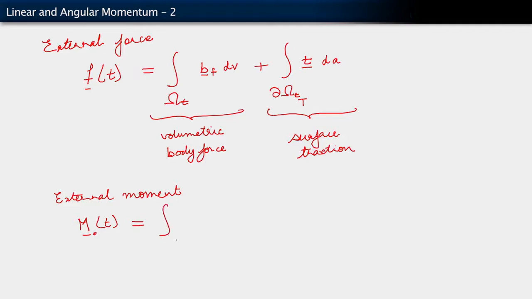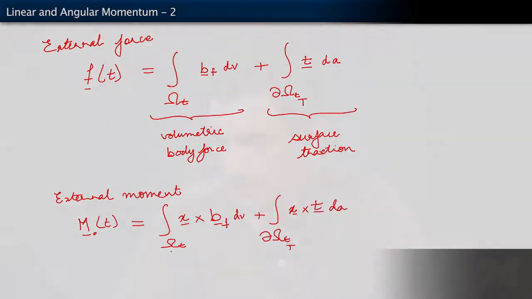So we have the integral over omega sub t of little x cross body force dv, plus the same sort of effect from the surface tractions, little x cross little t dA. I'm not going to write what they each are, but it should be clear from the previous equation. These are the moment contributions from each of these external force distributions.